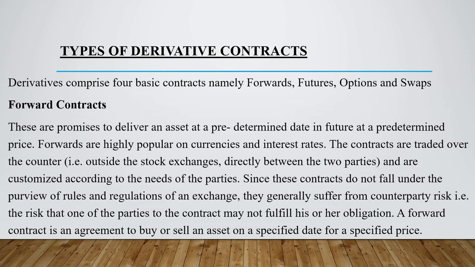Both parties come into the contract and set the future date and the price at which they are going to exchange the asset. For example, two parties will exchange an asset next month for a particular price. मतलब प्राइस भी और डेट भी दोनों फिक्स होता है. So they come into a contract, they fix the future date at which they are going to exchange and the price also. That is known as a forward contract.